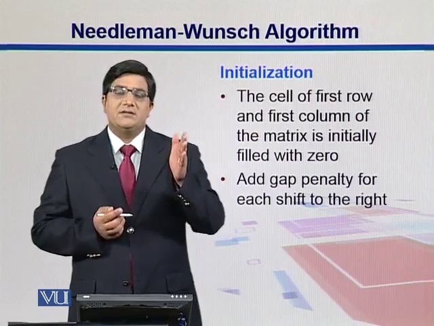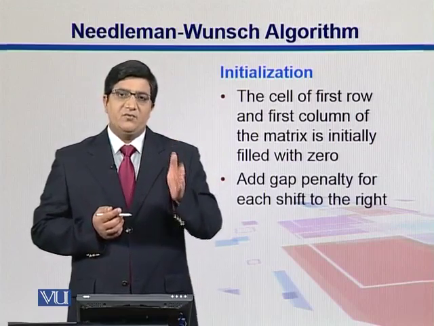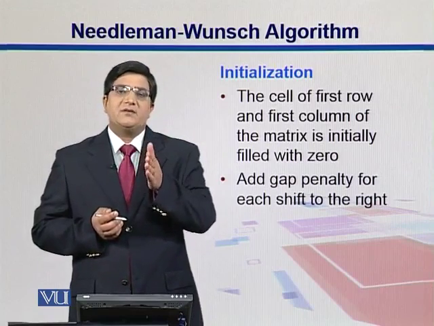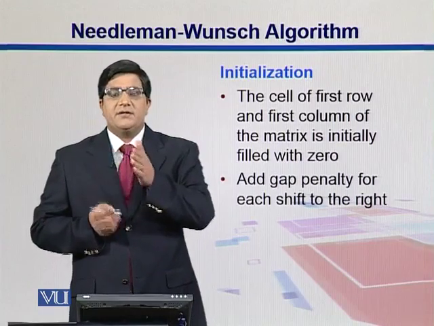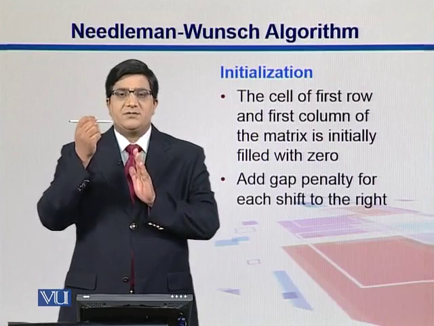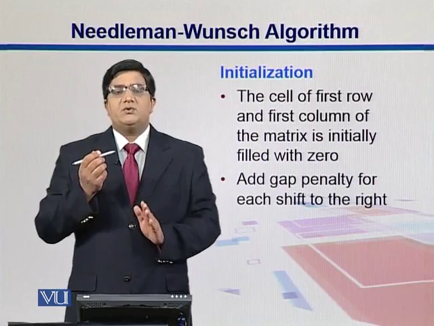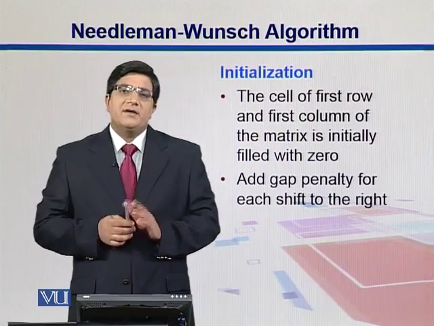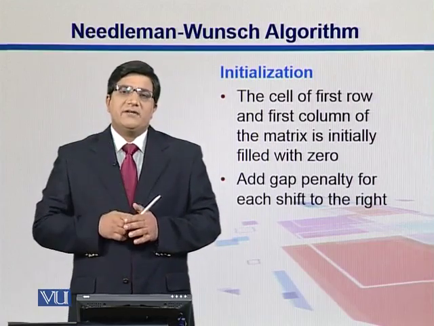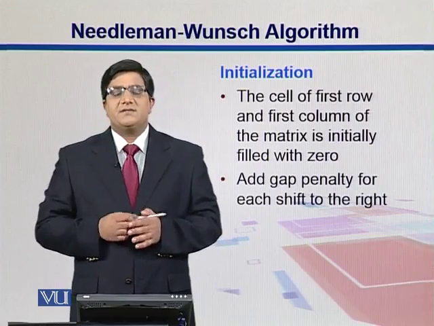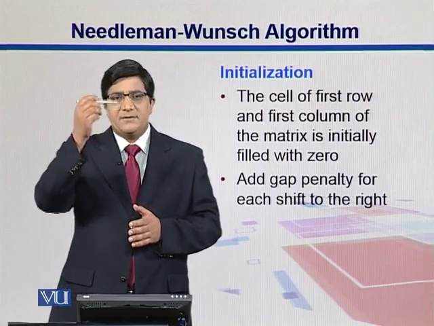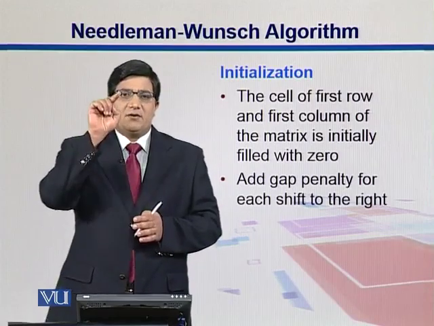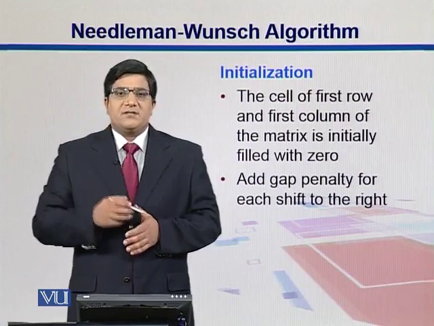So we are adding, while we move one column and we are not changing the row, in that case we are moving one element further in top strand, but on the rows we are substituting the gap. So in this way we can add those gap penalties. Same way, if our column is fixed and rows are changing, in that case we will add the gap penalties over the vertical line from topmost cell to the bottom cells of that column.